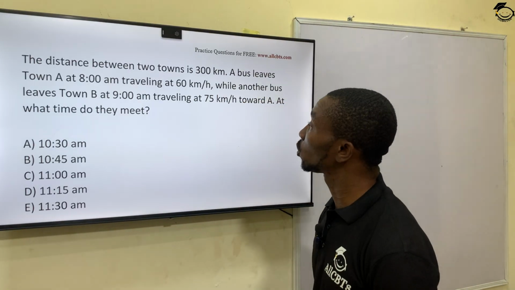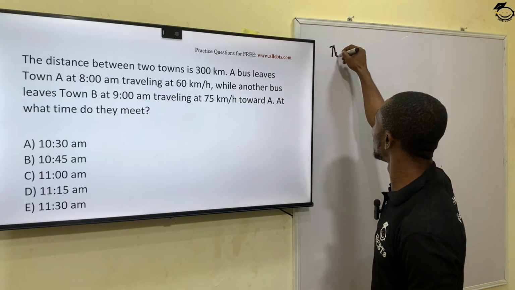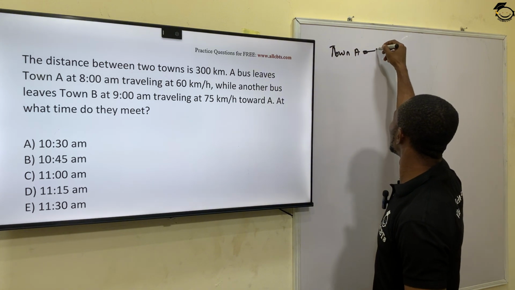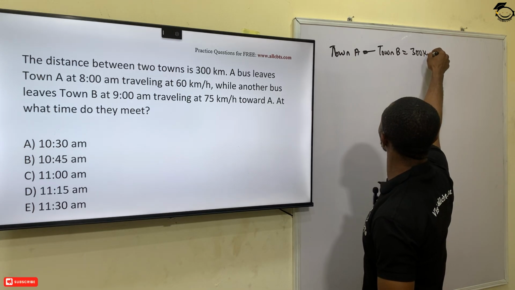The distance between two towns is 300 kilometers. Now we have town A to town B equals 300 kilometers.